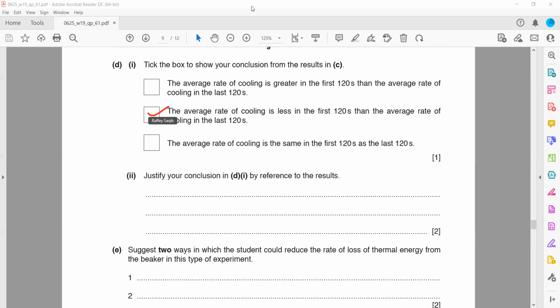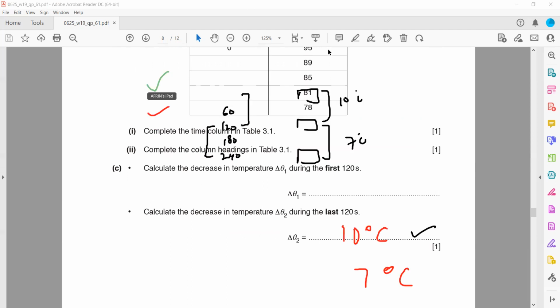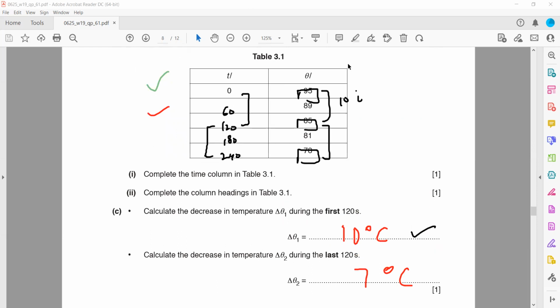Average rate of cooling is less in the first 120 seconds than the last 120. If you check these values, you will find for the first 120 seconds, it cooled down by 10 degrees, like it changes the temperature by 10 degrees.